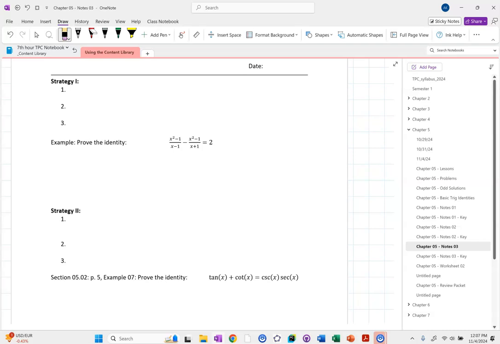Okay. Next up, what should we do first? It's all algebra things. We've already established there's no trig things in here to do. What would you want to do first? That's not a terrible choice, and you can certainly get to the correct answer that way. It's not the easiest route, though.